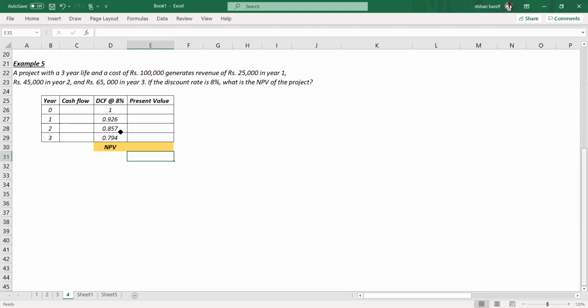Discount factor for year zero is always 1. What is the answer?